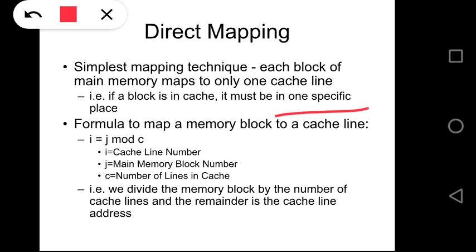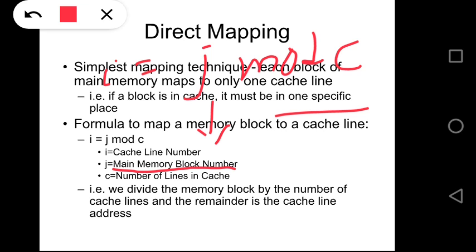Only one out of all those blocks in the main memory can be stored in cache. And the formula to map a memory block to a cache line is I equals J mod C. Here J is the main memory block number.